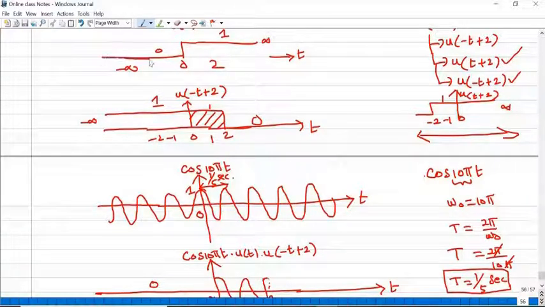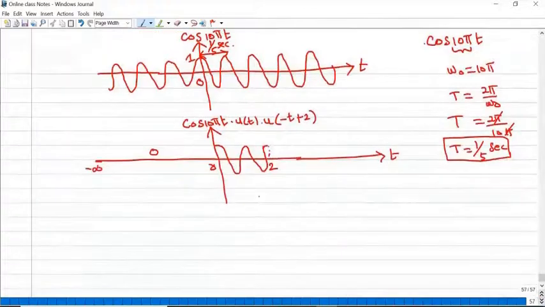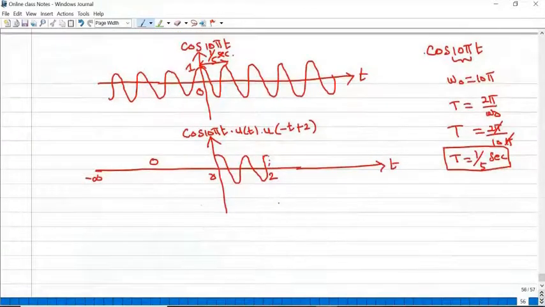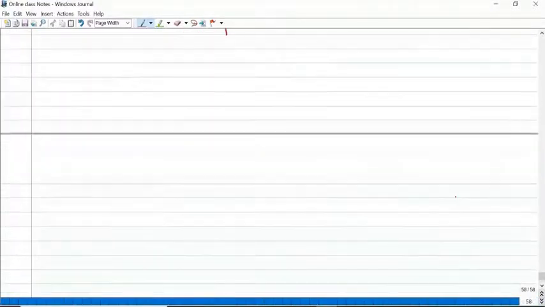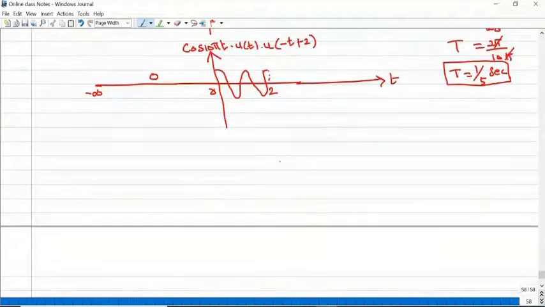Here, from minus infinity to 0, u of t is 0, so 0 times any value is 0. So cos 10 pi t times u of t times u of minus t plus 2 is your signal sketch.